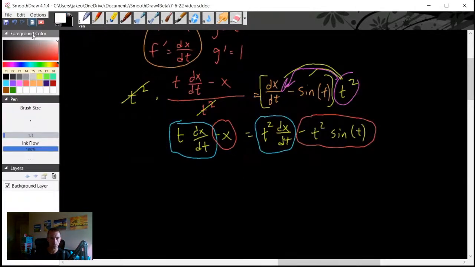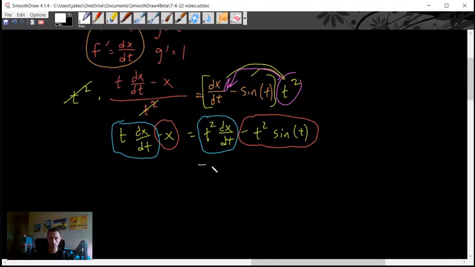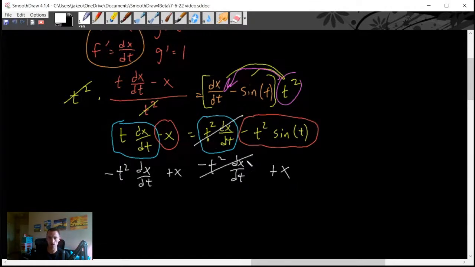So to do that, we are just going to subtract t squared dx dt from both sides. And then we're going to add x, plus x, to both sides. That's going to cancel that there, and it's going to cancel that there.